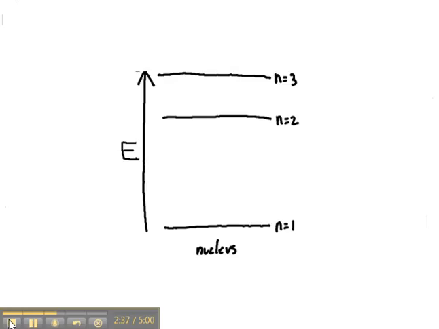Bohr explained the hot metal glowing by saying that every electron has a ground state. This is a minimum amount of energy that it needs to maintain to keep it from spiraling into the nucleus. Electrons are attracted to the positive nucleus, but if they maintain their ground state energy, they can exist outside of the nucleus.